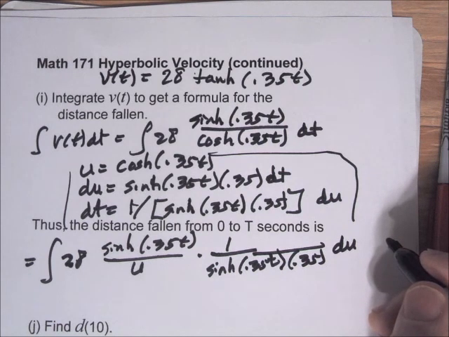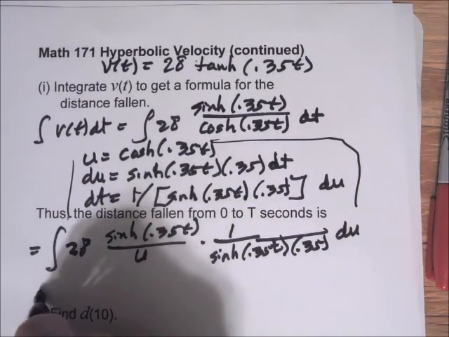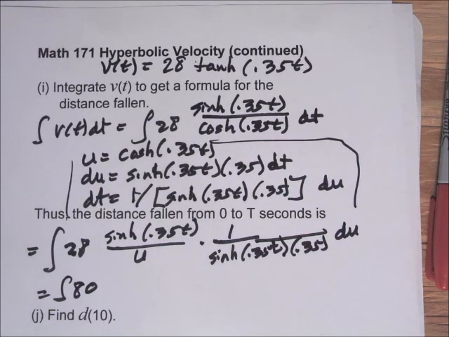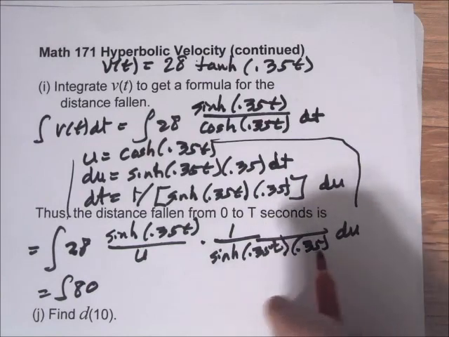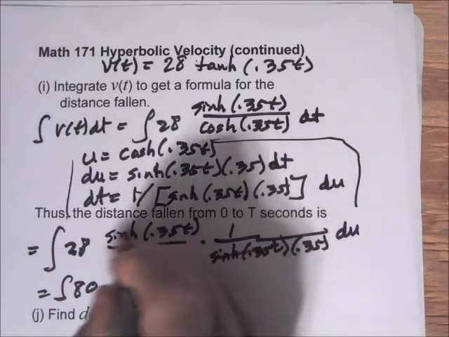So 28 divided by 0.35 is 80. So we have 80, and the sinh is going to cancel.